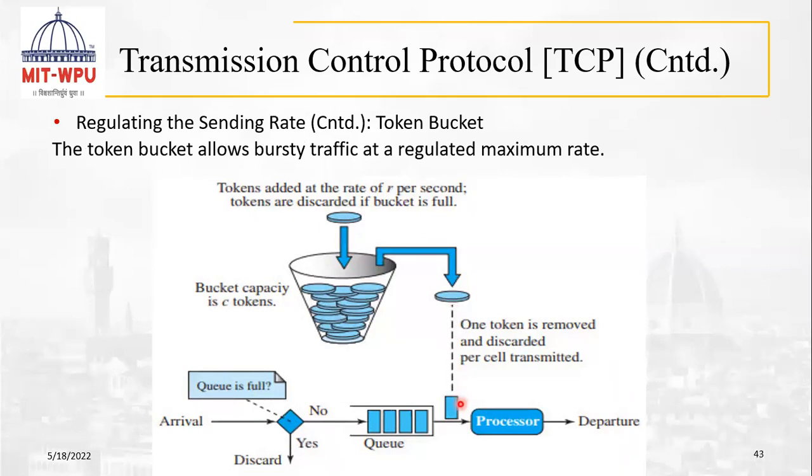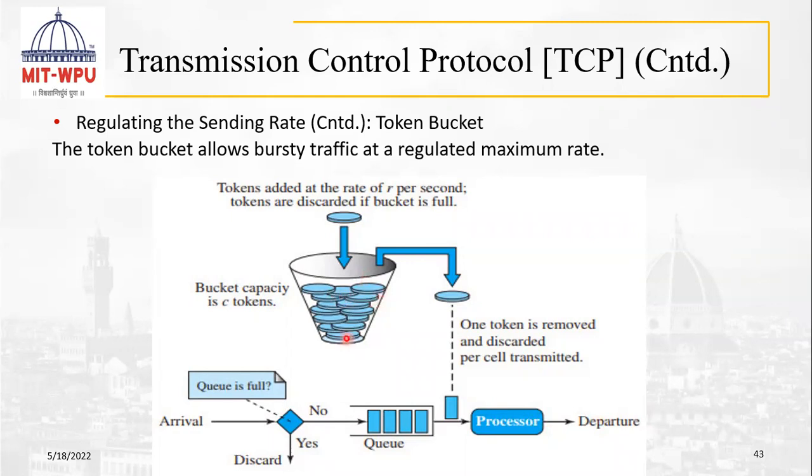As soon as you move into the network, the operating system or processor manages this packet along with the token. Once the packet is sent out of the network, you bring that token back to the bucket.